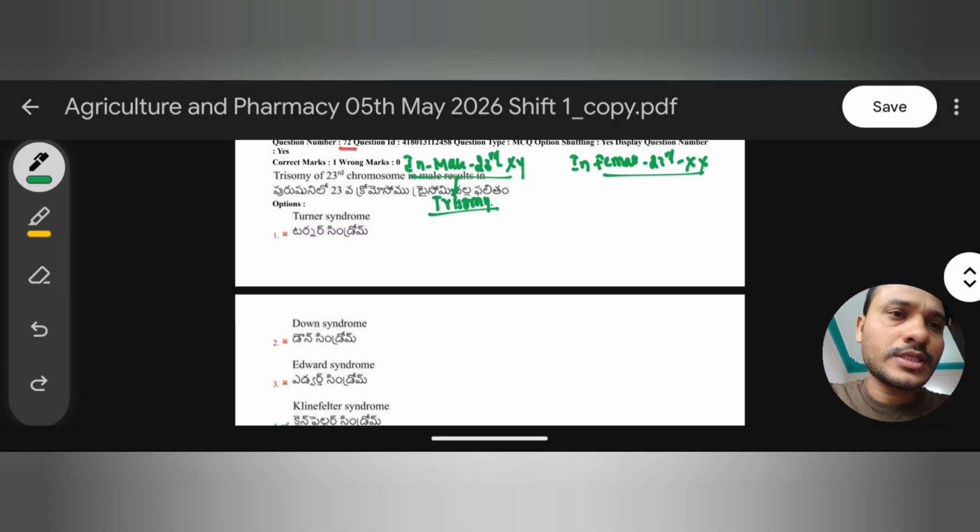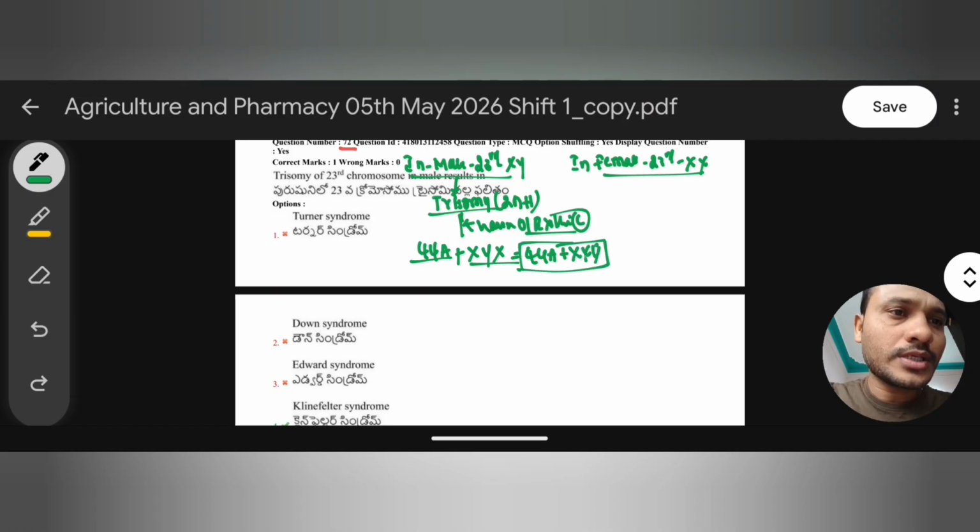Trisomy means 2n plus 1, having one extra chromosome, as we just discussed. So it results in the formation of, generally we have 44 autosomes, and we already have one pair of sex chromosomes, that is XY, but one more X is added here. So the karyotype here, 44A plus XXY, will be found. It means that 47 chromosomes are present.